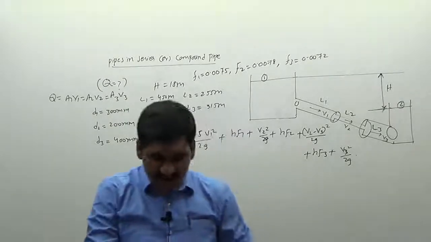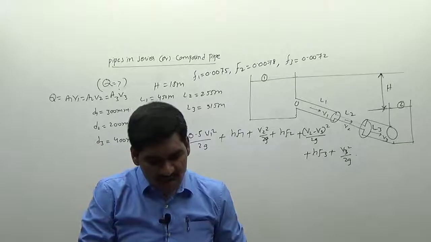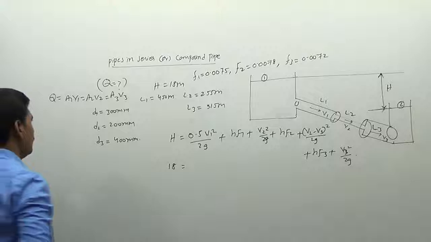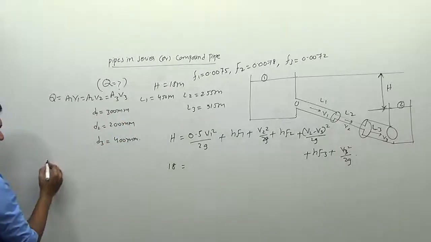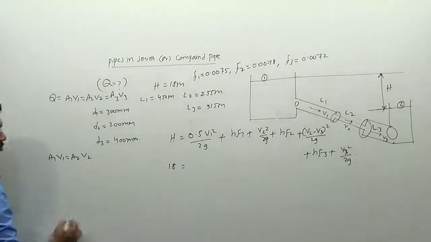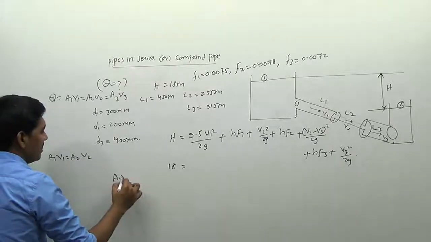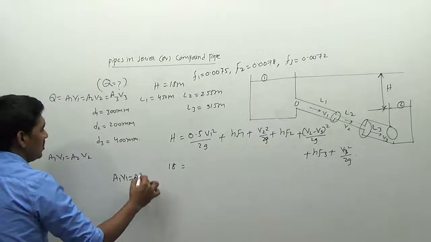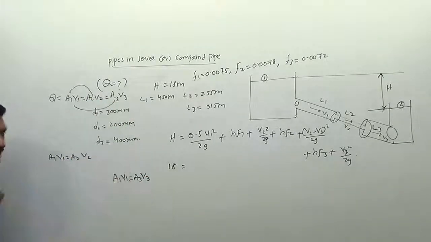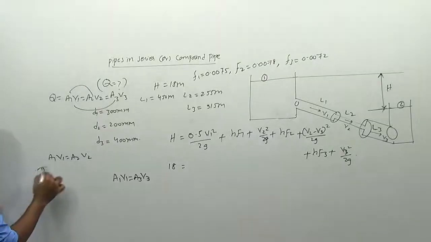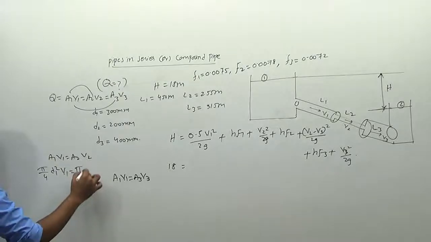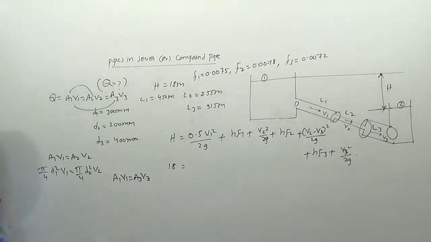Therefore, I am writing the values in terms of all the relations. So try to get the relationship between V1, V2 and V3. I can write here A1 V1 is equal to A2 into V2, and again A1 V1 is equal to A3 into V3. I am equating these to determine the relations. Therefore, we can get pi by 4 into D1 square into V1 is equal to pi by 4 into D2 square into V2.